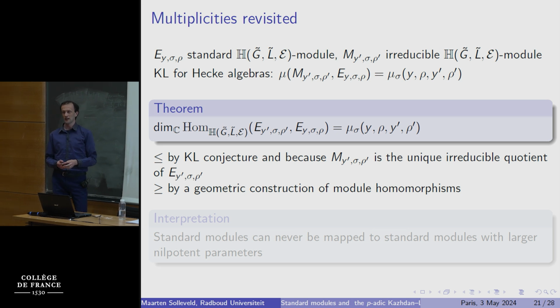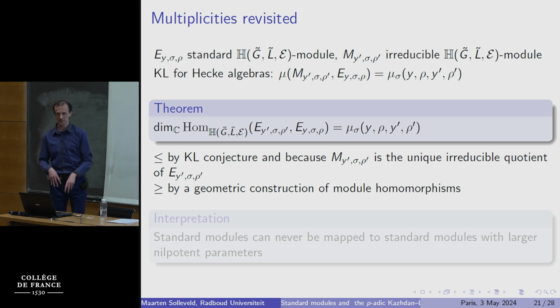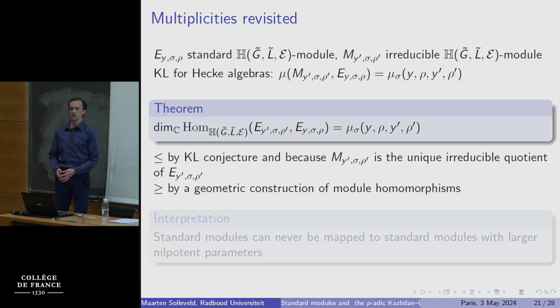And if you know how these standard modules are constructed in terms of geometry, in terms of local systems, and you look very carefully at that, you study this in detail, then you can actually explicitly write down a bunch of homomorphisms which do the trick.